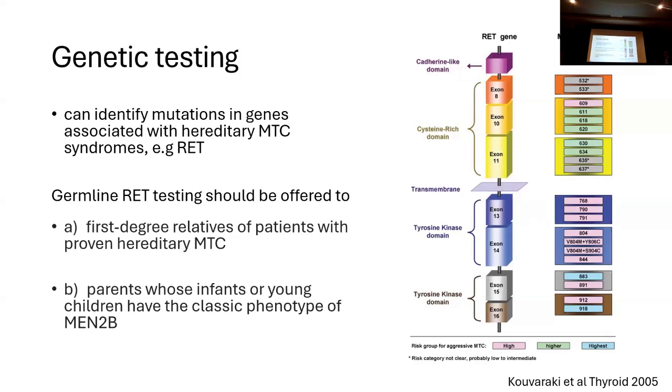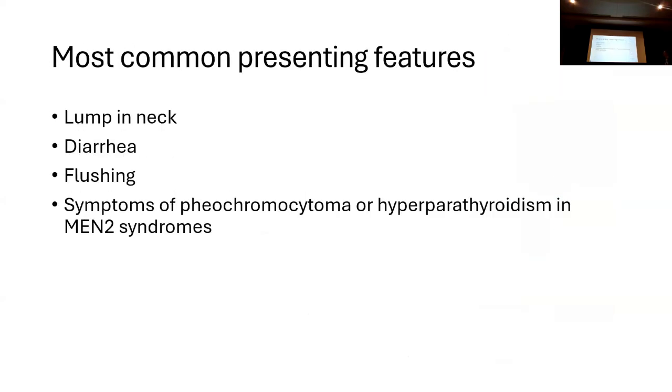And then also for parents whose infant or young children, we call those index cases, have the classic phenotype of multiple endocrine neoplasia 2B.